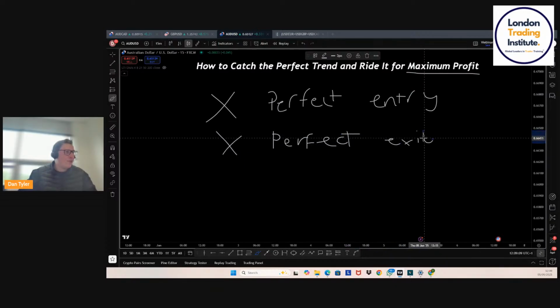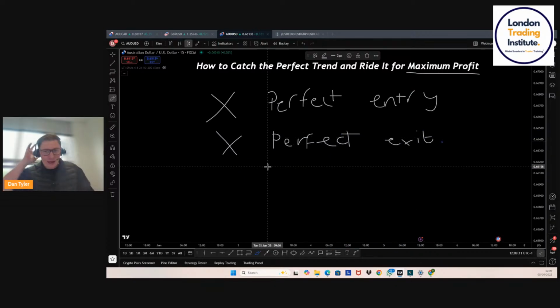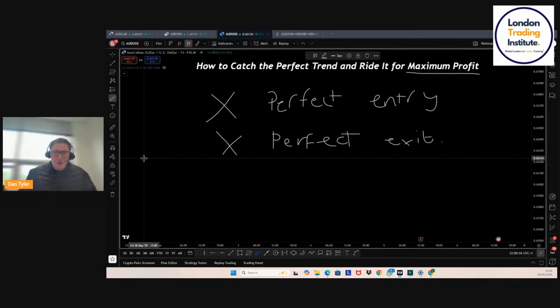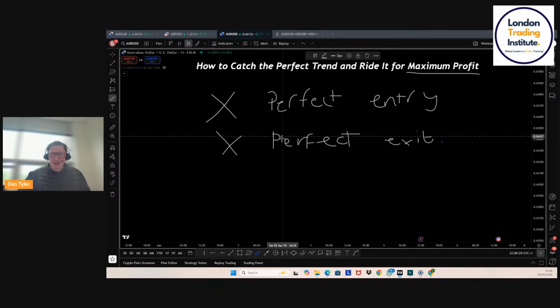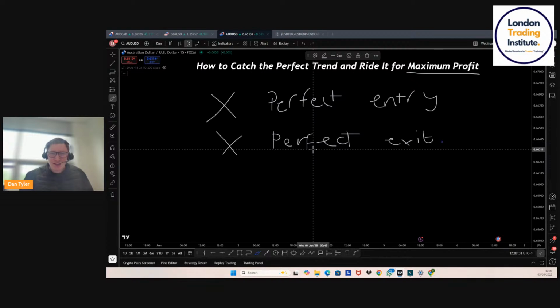I'm going to make that very, very clear from the outset. There is no such thing. The markets are independent. We can't control them. If you try and control the markets, you will not win. You will always be on the losing side, right? There's no such thing as a perfect entry. There's no such thing as a perfect exit.